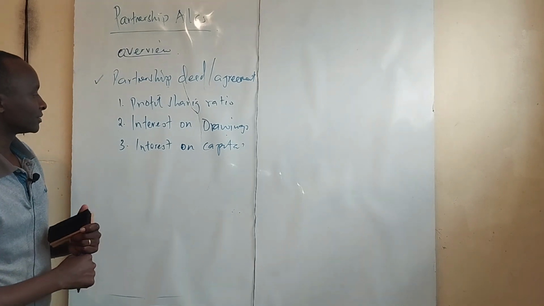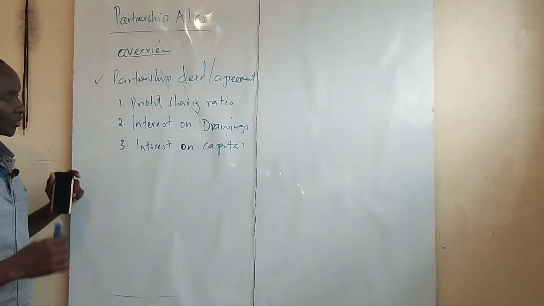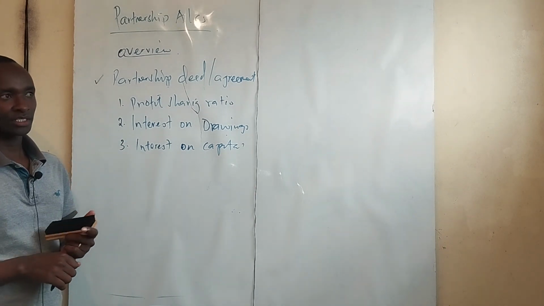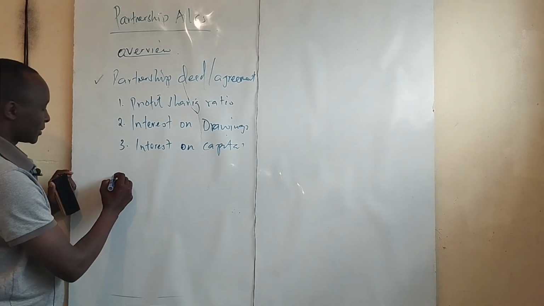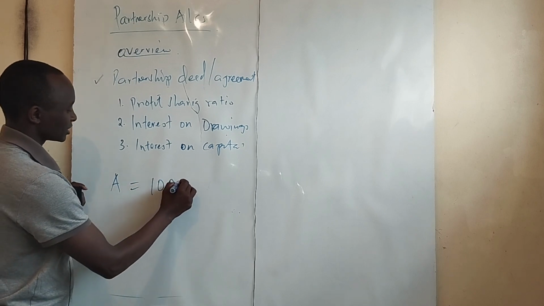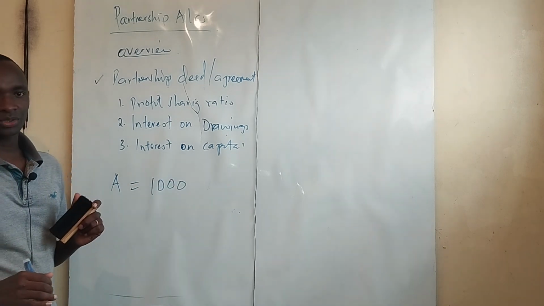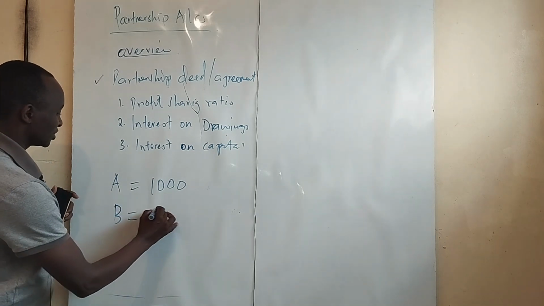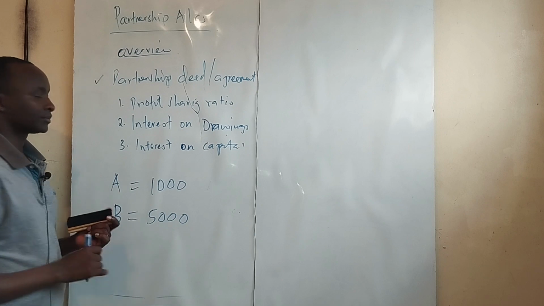This is what I mean. Let's say, for instance, when these people are coming together to form this partnership business, partner A contributed maybe 1,000 Kenya shillings as capital to start this business, and partner B contributed 5,000.